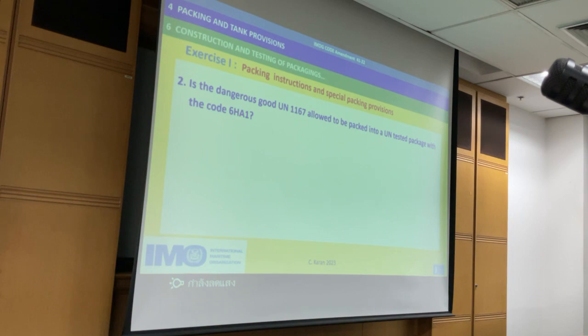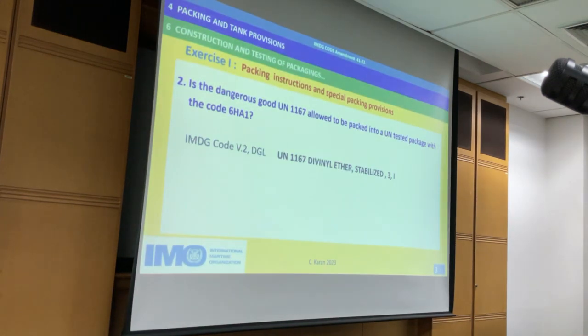we shall go to column 8. We shall find which packaging instruction table we shall go to. Which is the table number? 414? Yes. We shall go to 414, this is divinyl ether stabilized, 3.1.